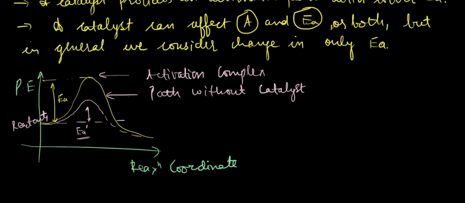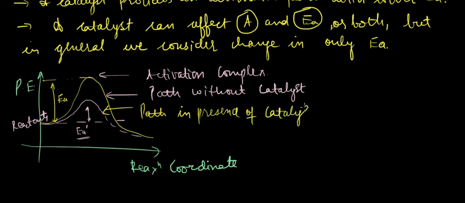So this is EA dash, and this is the final product. Due to the presence of catalyst, the activation energy which was required gets significantly reduced.